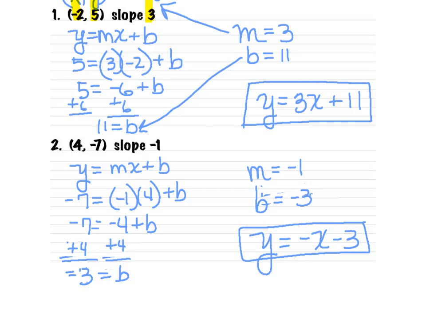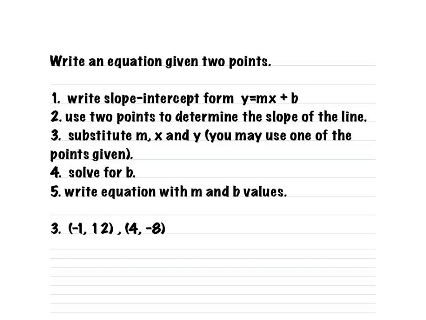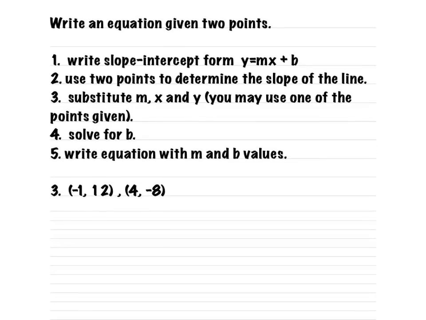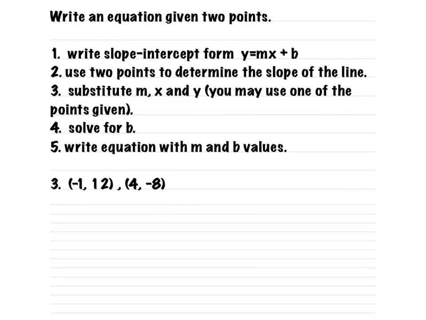Okay, so in this lesson, you will also be challenged to write an equation that goes through 2 points, and you're just going to be given 2 ordered pairs. You'll be given 2 ordered pairs, and you're asked to use those 2 ordered pairs to write the equation again in slope-intercept form.